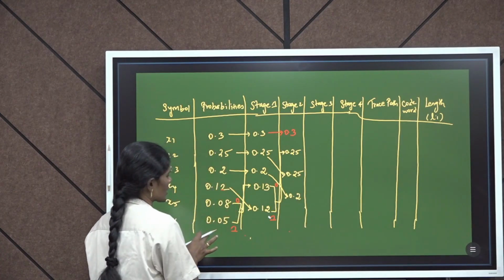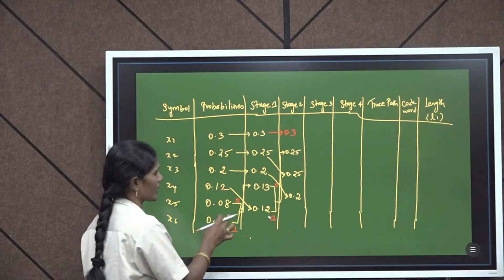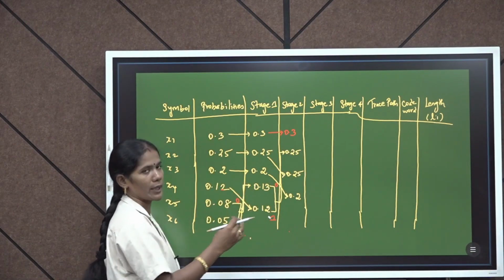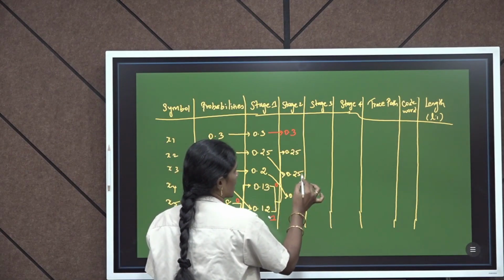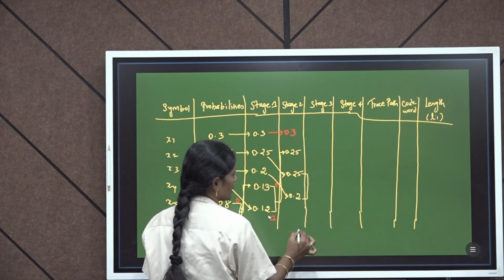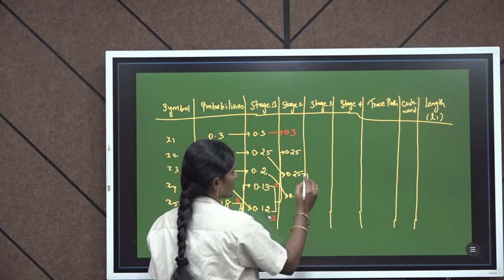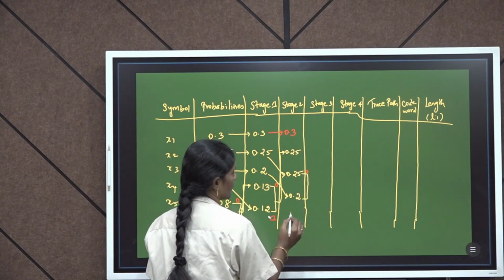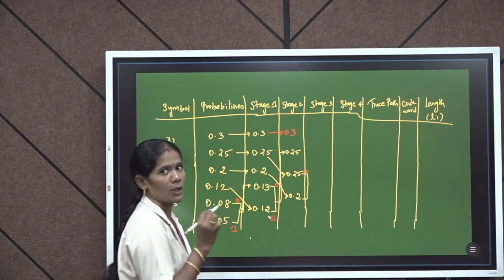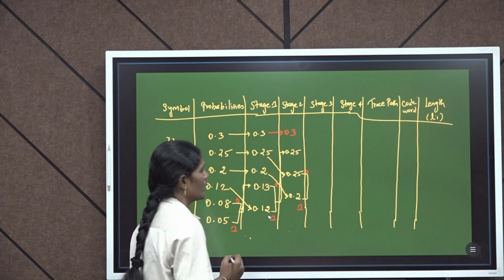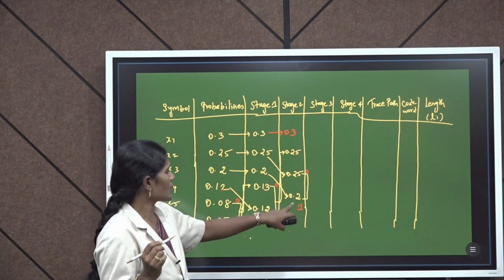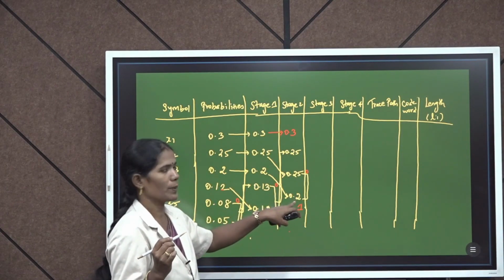So, the given probabilities count is 6. In stage 1, it is reduced to 5. In stage 2, it is reduced to 4. Again, add the last two symbols by assigning binary bits 0 and 1. So, assign 0 to 0.25 and binary bit 1 to 0.2. The addition of these last two symbols results in 0.45.